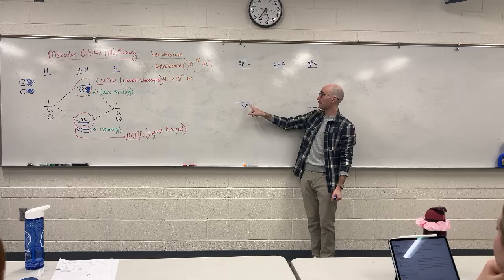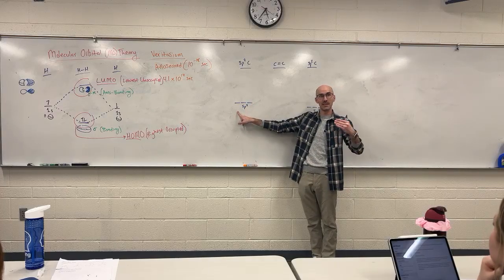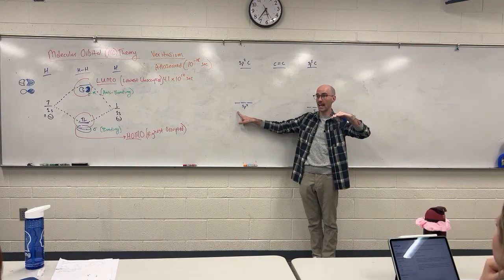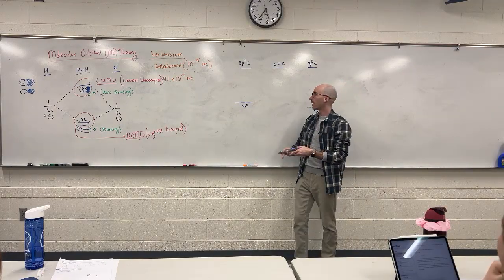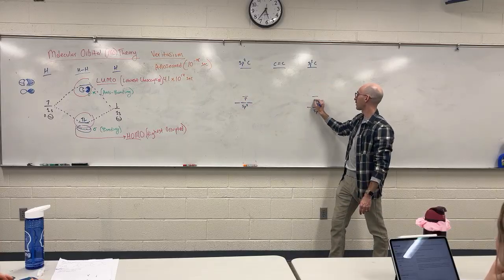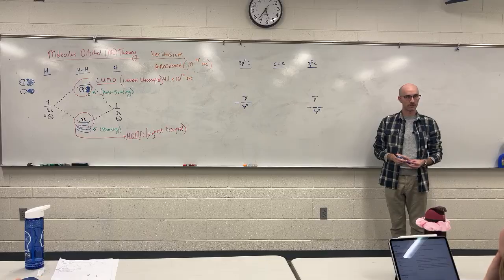So the fact that p's are being hybridized with a lower energy s means that the hybridized orbitals are between s and p. So an unhybridized p orbital will sit higher in energy than the hybridized orbitals. Deal?